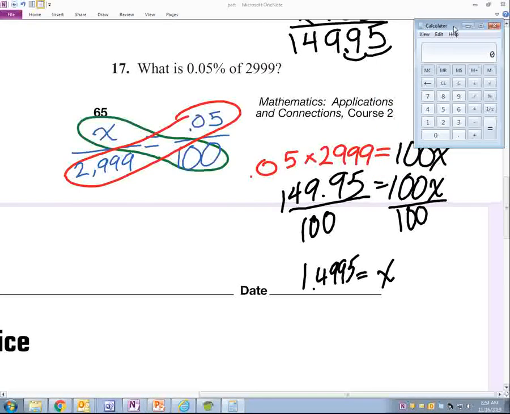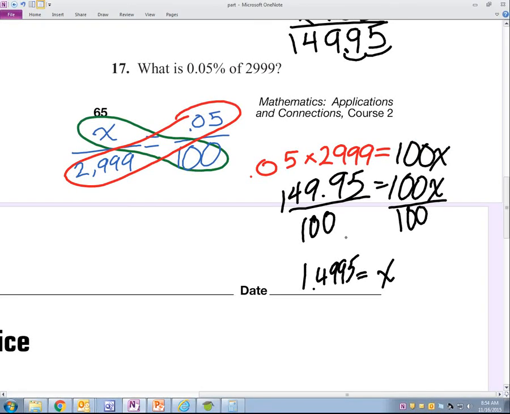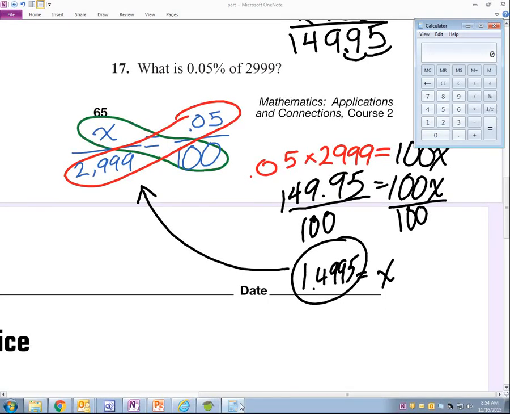Now, here's the difference between checking yourself with a calculator and cheating. I'm going to check my answer with the calculator, and if I have something different, I'm doing the whole problem again, rather than just changing the answer. So if I put this number into my x, I will have 0.05 over 100, which would be 0.0005.